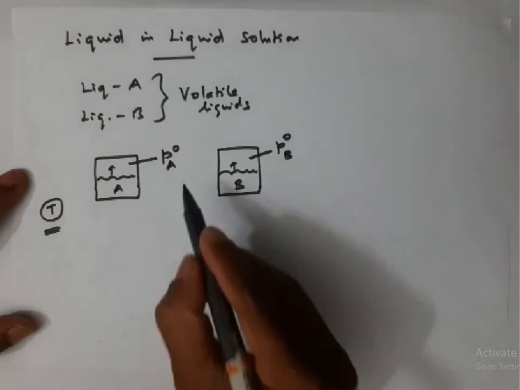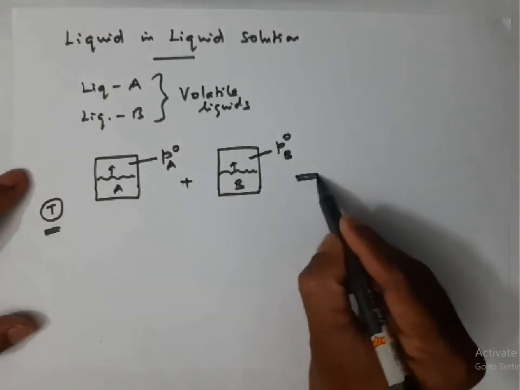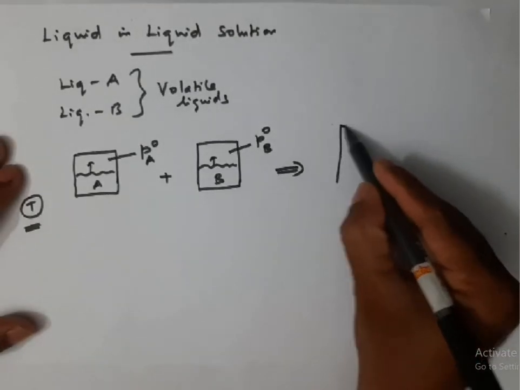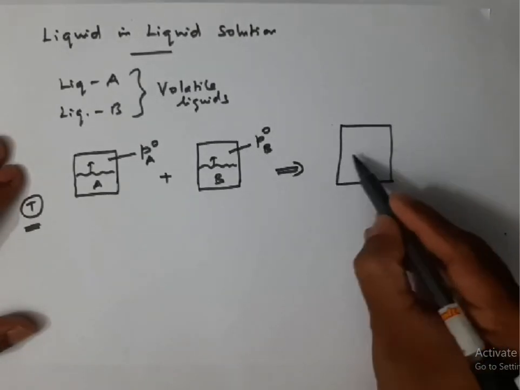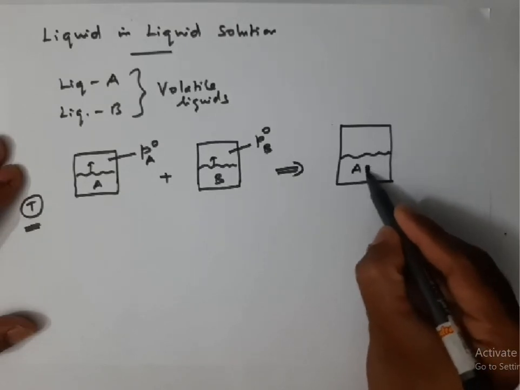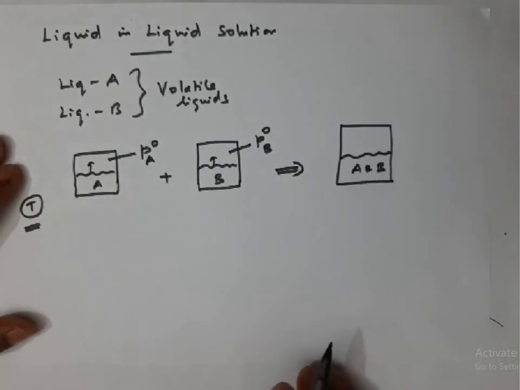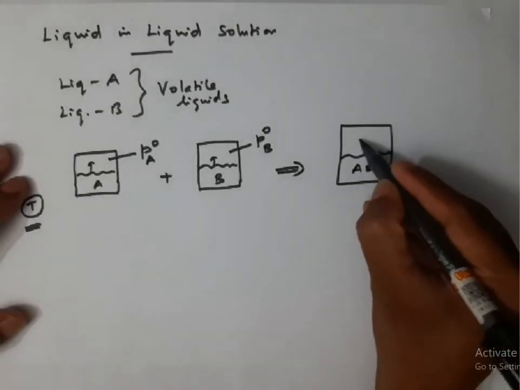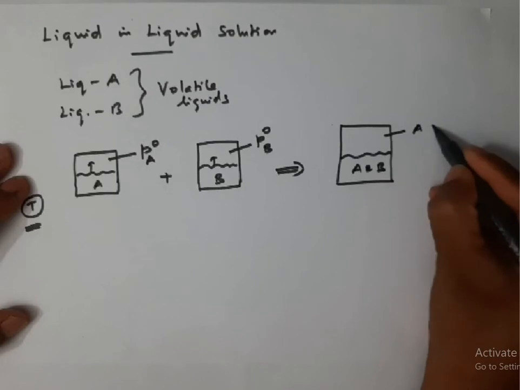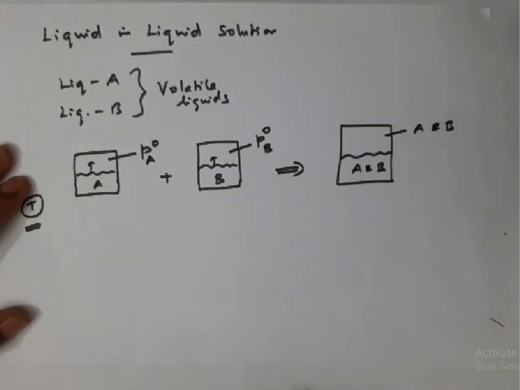Now if I mix these two liquids, I will get a solution which consists of liquid A and liquid B. Then the vapor above the liquid also consists of A and B, right?